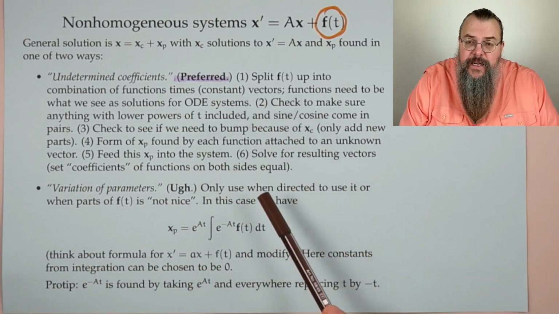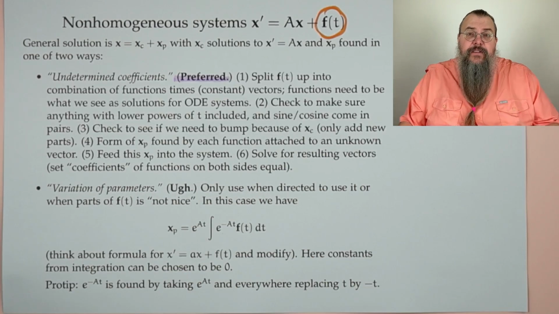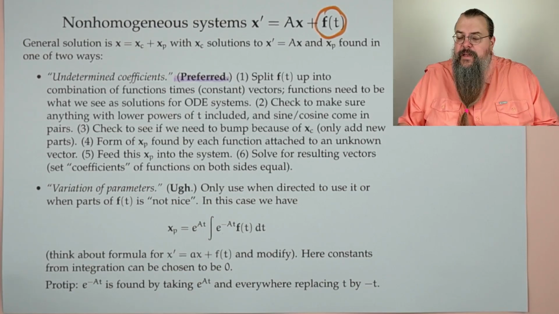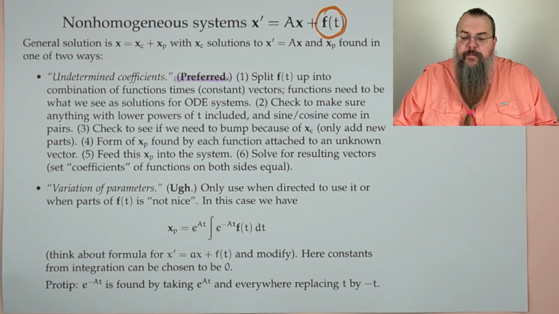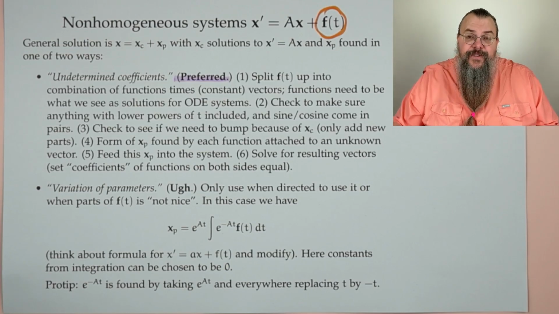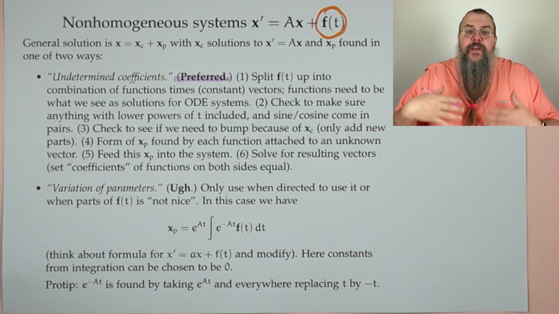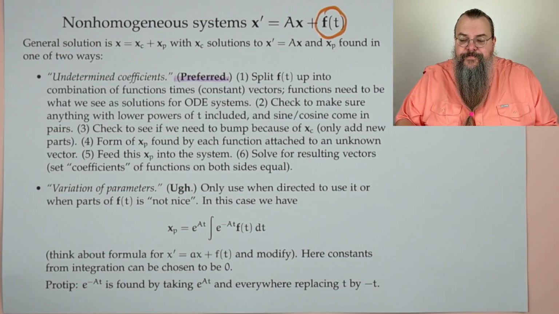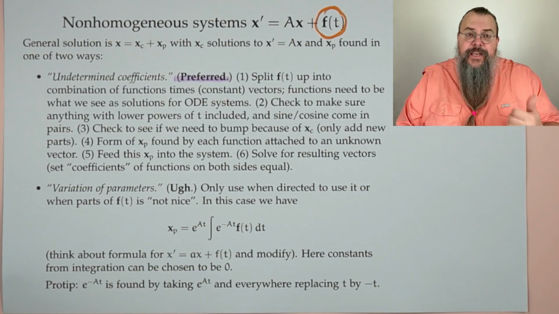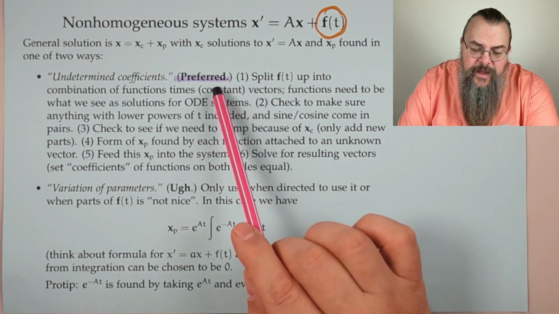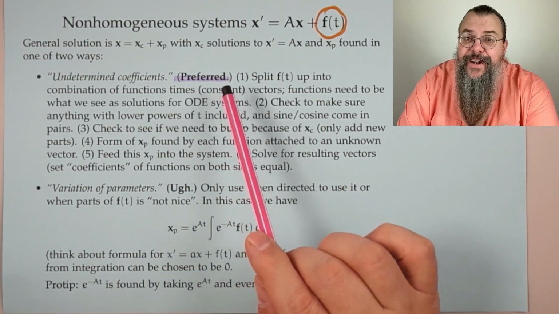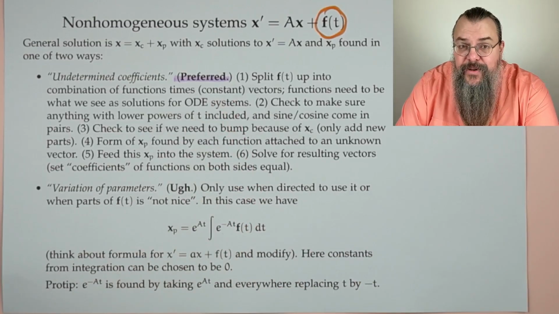It sounds like a lengthy process. In practice, it goes relatively quickly. The only thing that might take a bit of time is the part where you have to solve, because you'll get a system of equations. So just be careful. Now, undetermined coefficients is preferred, but not always available.